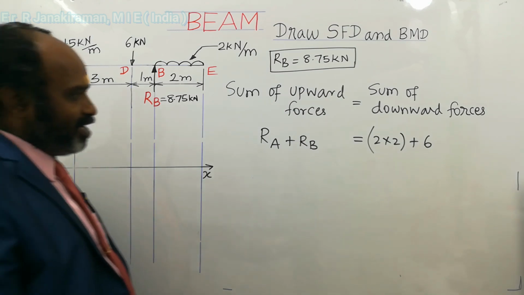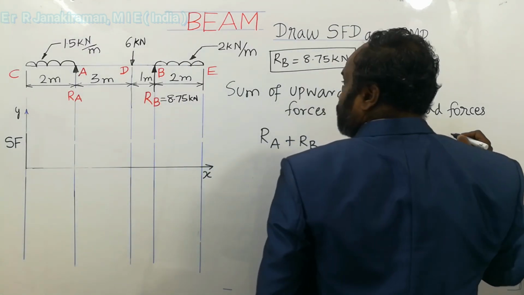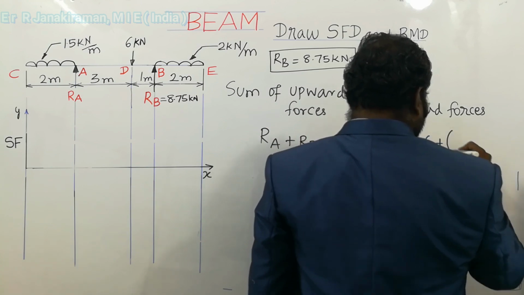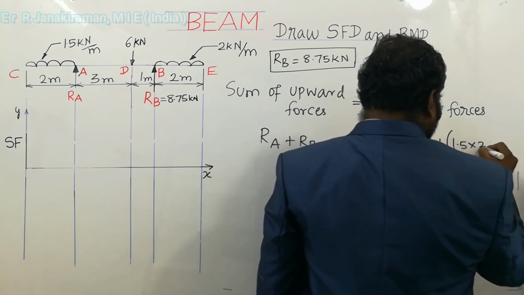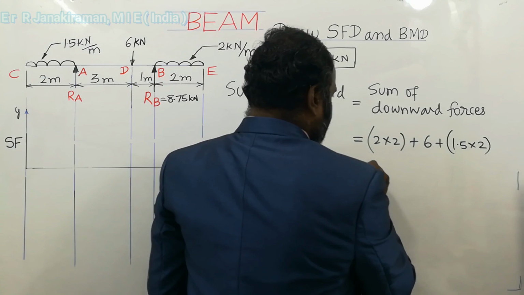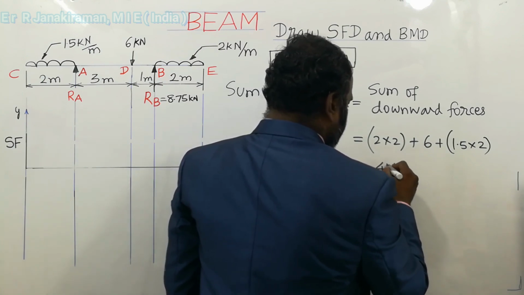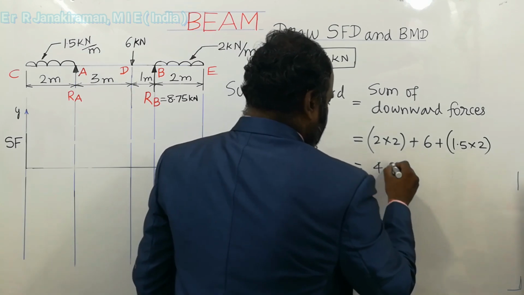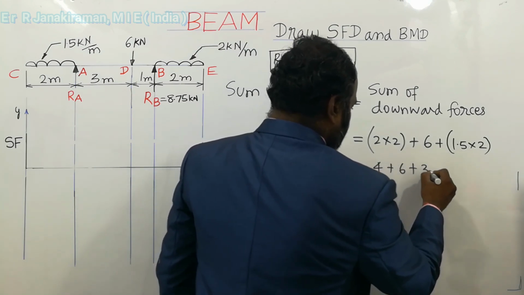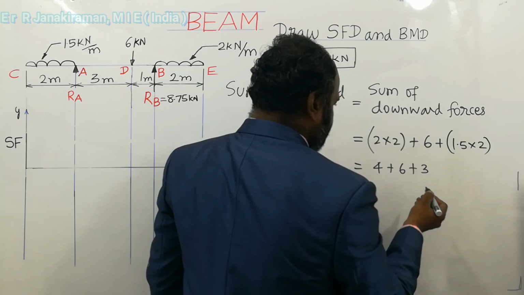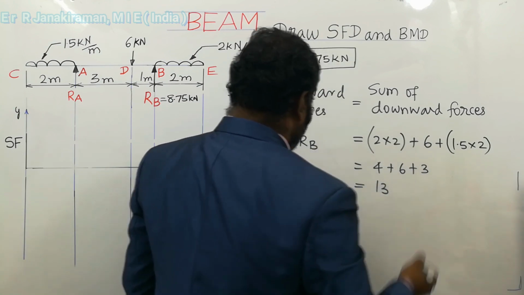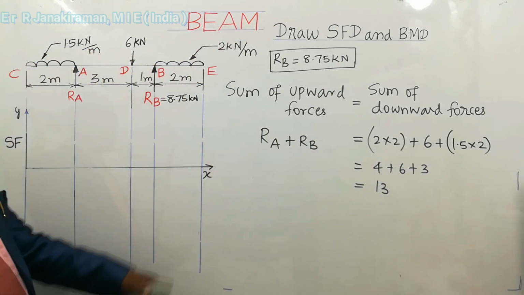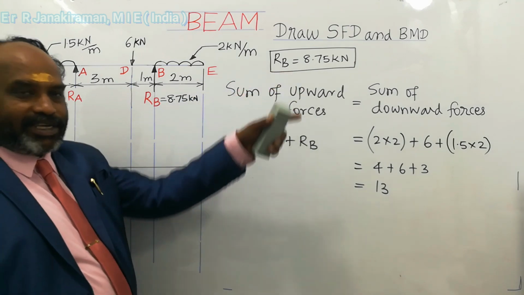So 1.5 into UDL length 2 meter, plus 1.5 into 2. So this will be 4 plus 6 plus 3, that is 13.